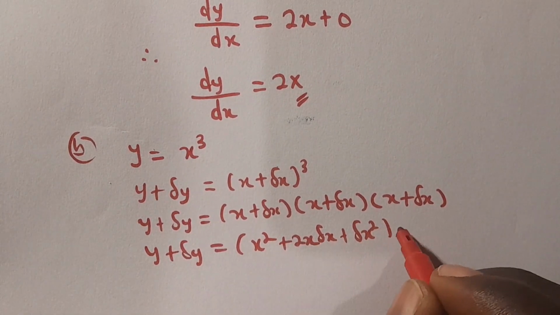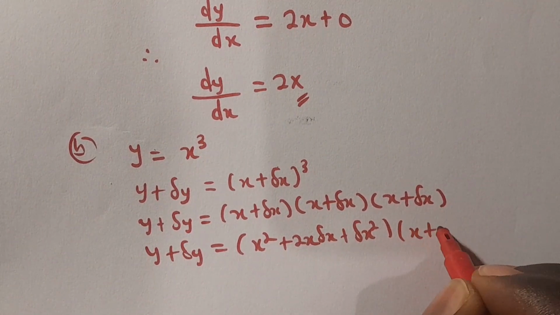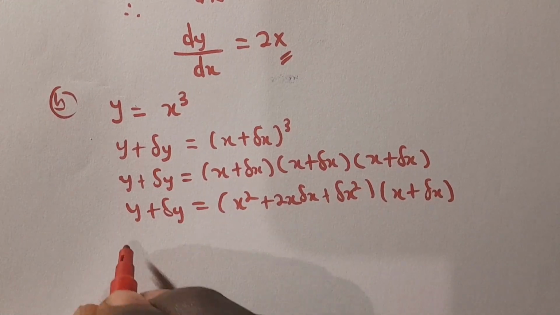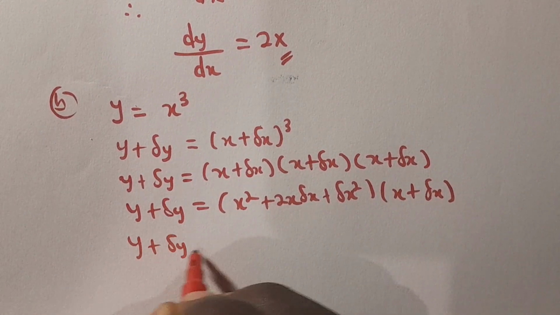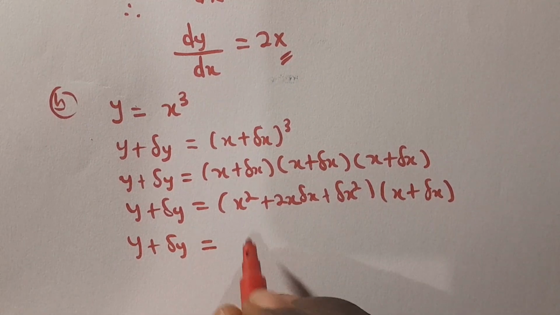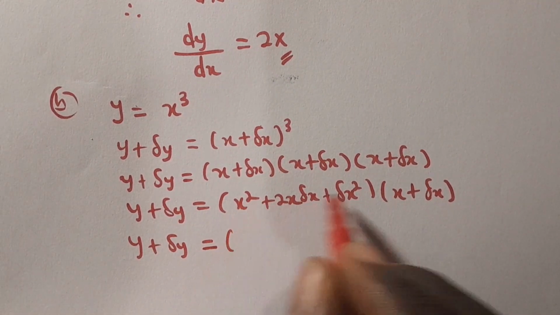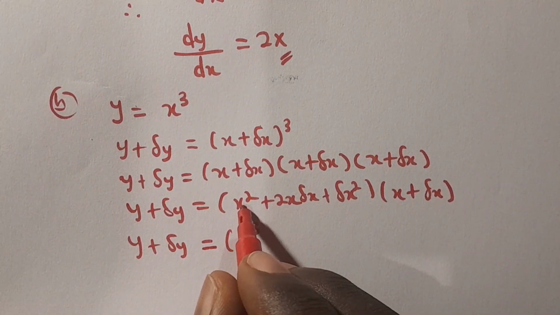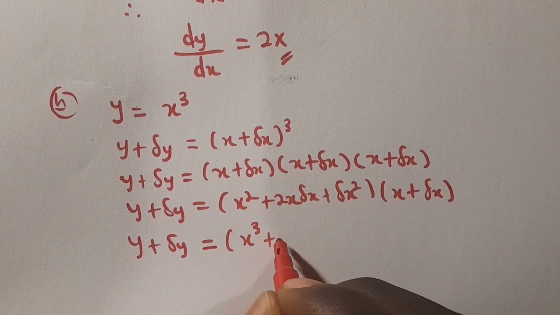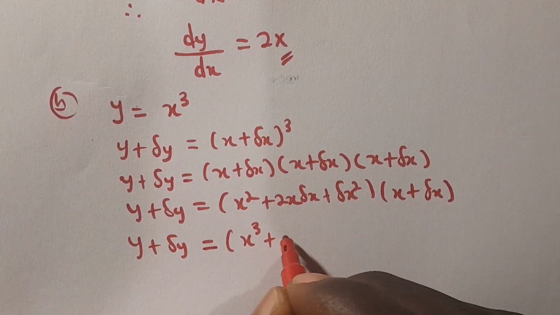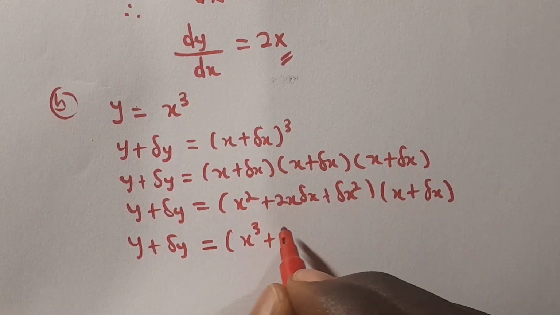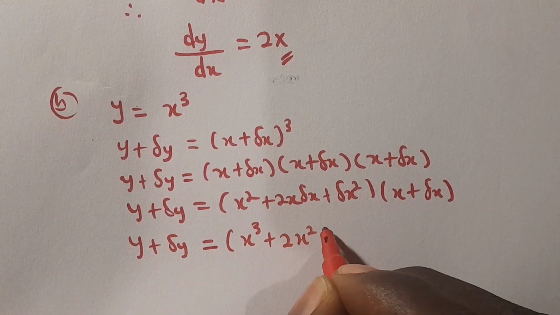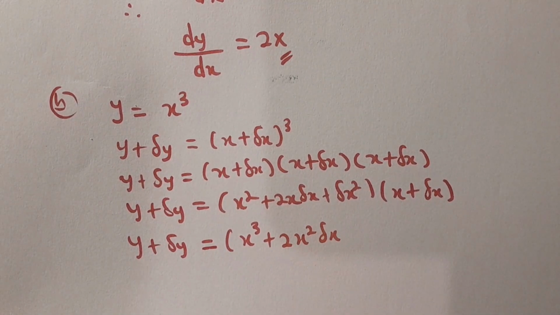And then what we're going to have for this will be times x plus change in x. So now we have y plus change in y equals, when we use this to open the bracket, x cubed, and multiplying by this one, x cubed. This multiplied by this, we have 2x squared change in x.